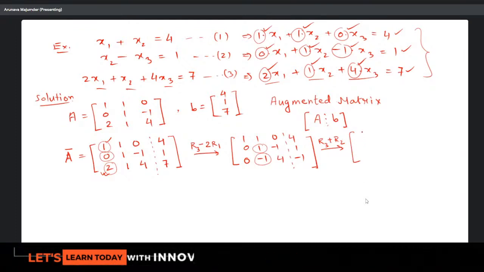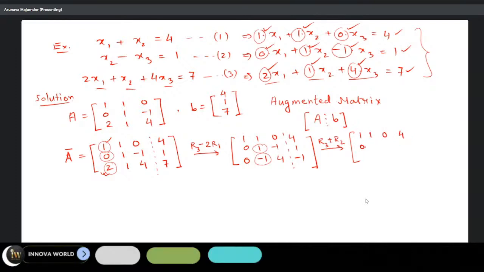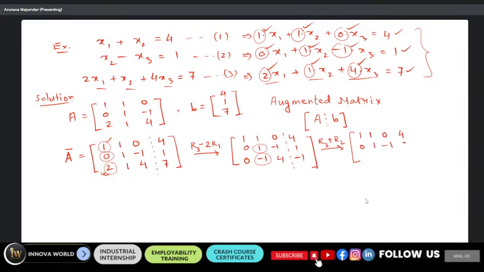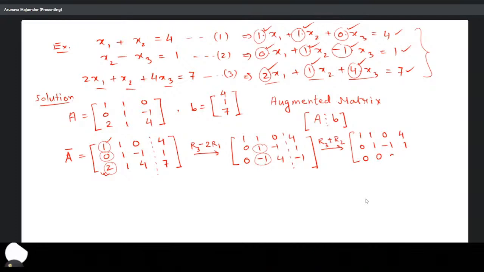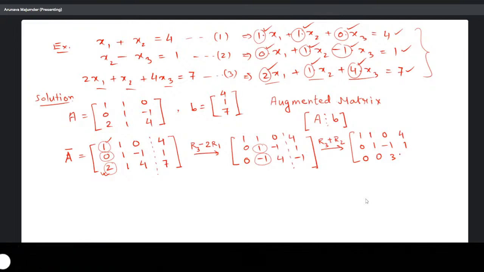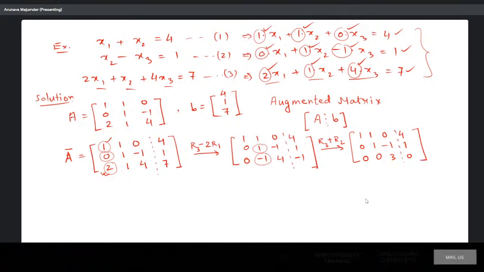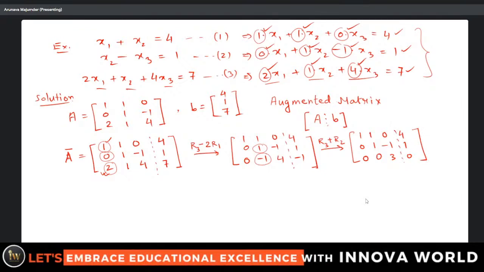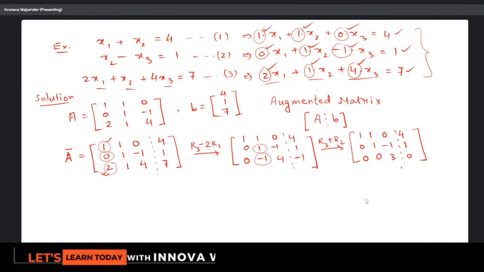So this is 1 1 0 4, 0 1 minus 1 1, and it is 0, 0, 3, and it is also 0. And that's all. I think there is no need to do more operations here.